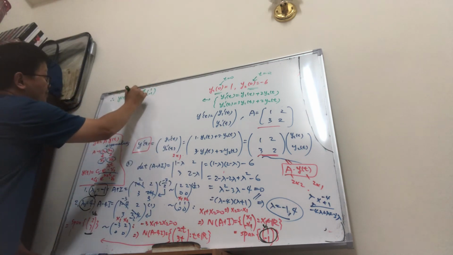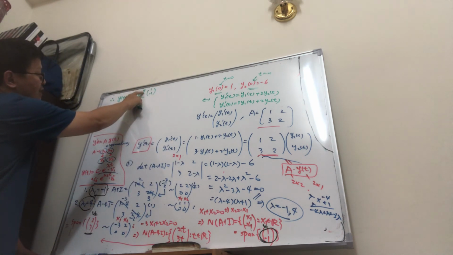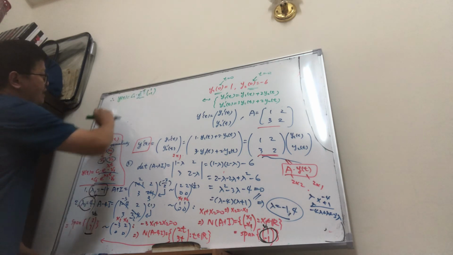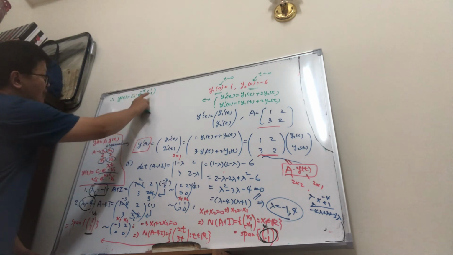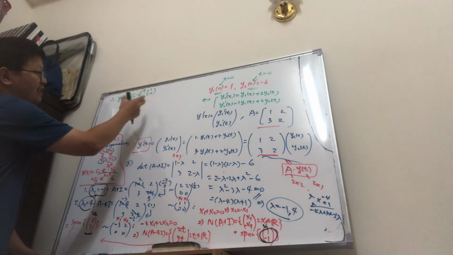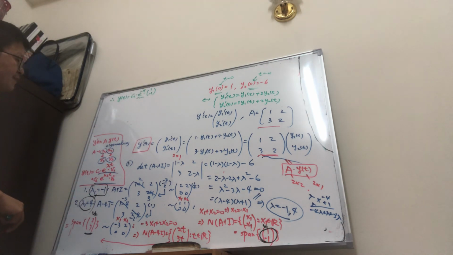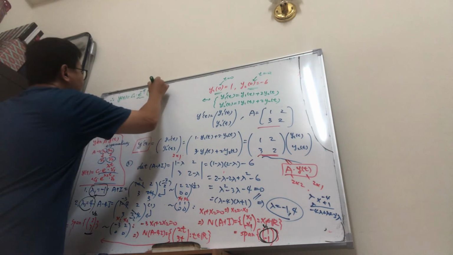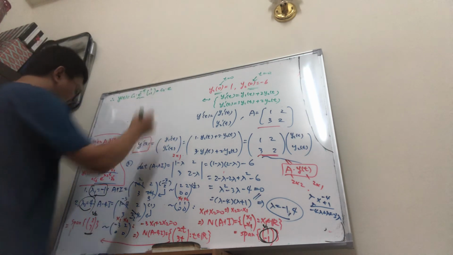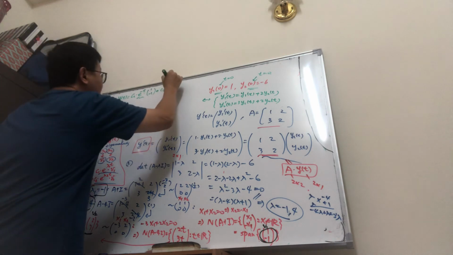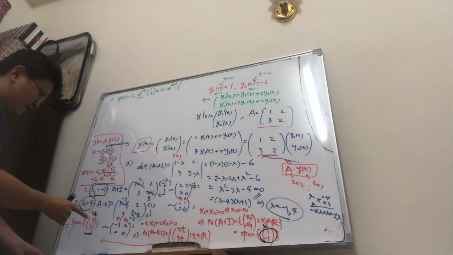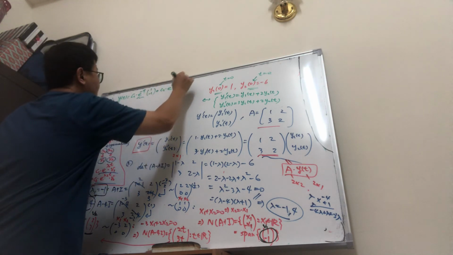Plus c2 times exponential of lambda 2, 4t, times eigenvector 2, 3.